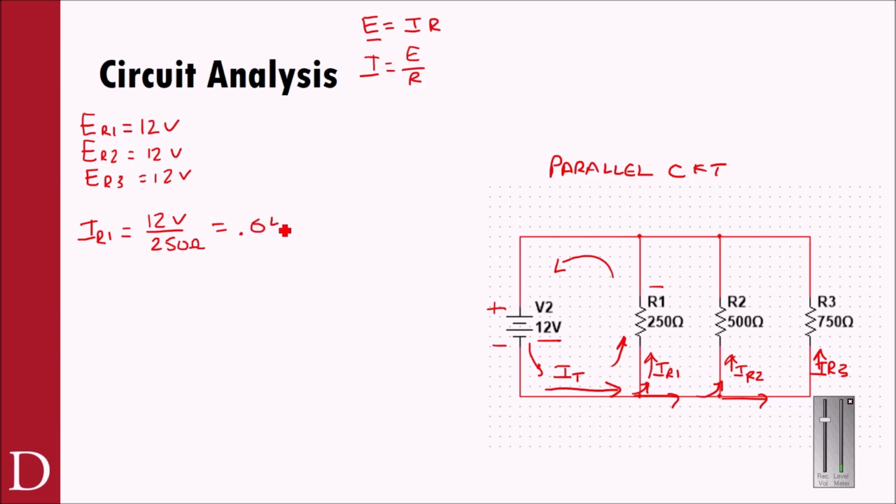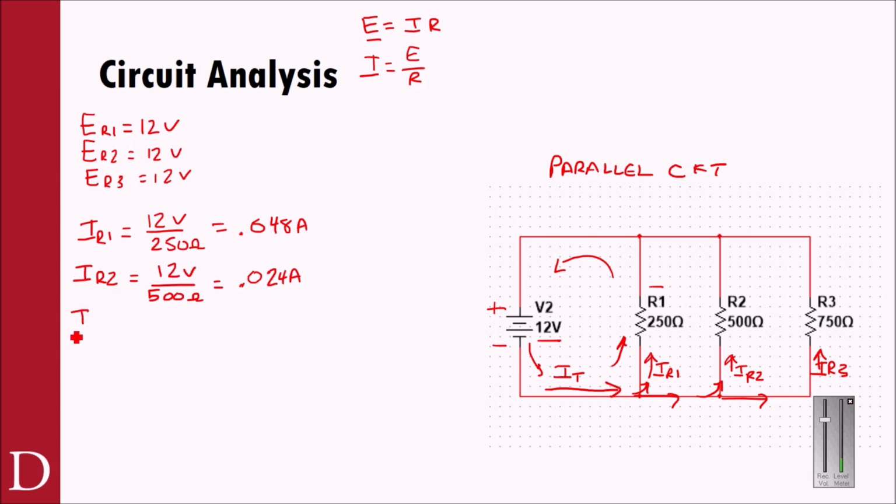That's as far as it goes, so 0.048 amps. If I want to calculate IR2, IR2 is 12 volts again, divided by 500 ohms this time. So 12 divided by 500, 0.024, that should make sense to all of us, 0.024 amps.